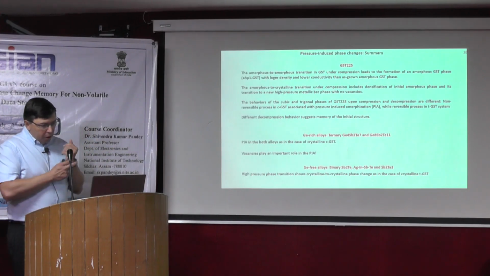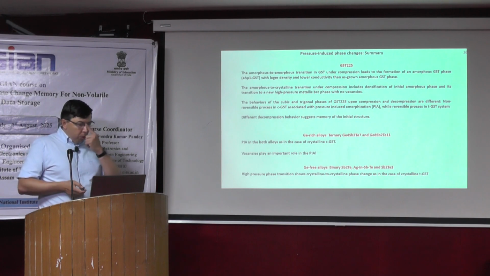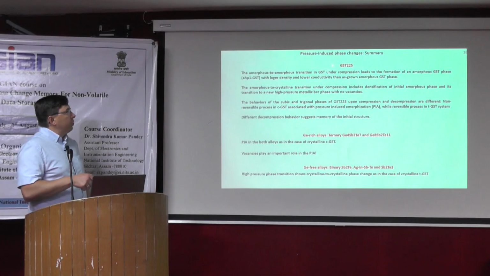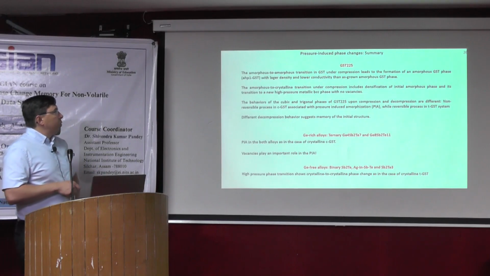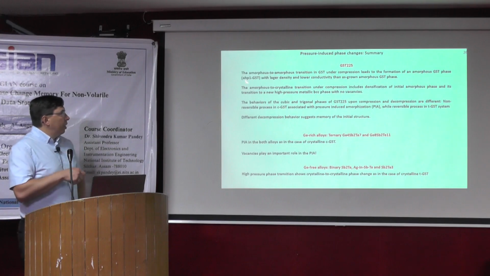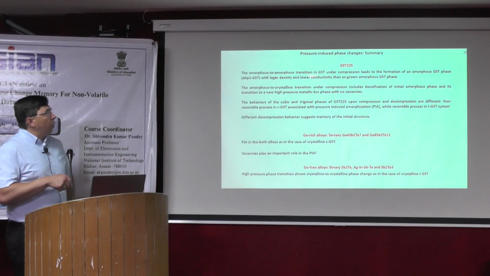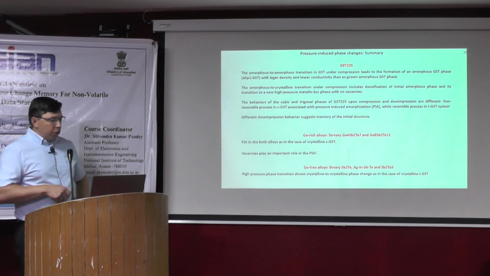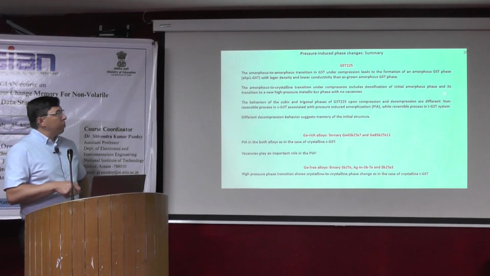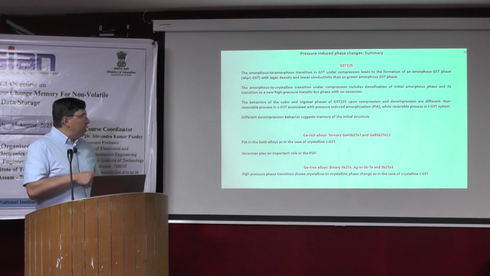A short summary of this part of my talk on the pressure-induced phase changes. In the case of GST225, we observed an amorphous-to-amorphous transition in GST under compression, and this leads to the formation of an amorphous GST phase with larger density and low conductivity. The amorphous-to-crystalline transition under compression includes densification of the initial amorphous phase and its transition to a new high-pressure metallic BCC phase with no vacancies.